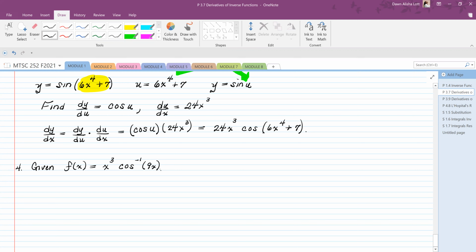Okay, so I need to take the derivative of cosine inverse of x cubed times the cosine inverse of 9x. This is a product rule.